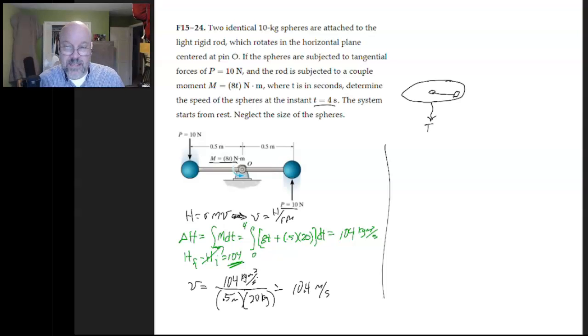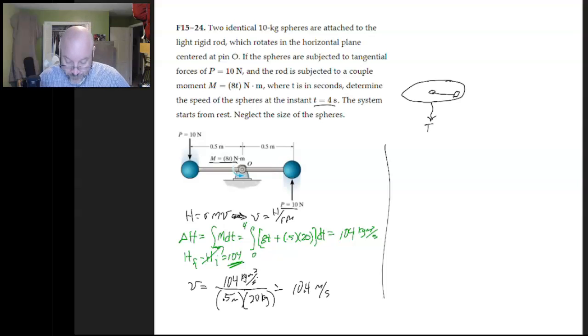We could either pull it, which would make the radius get smaller, or we could let it be a little bit lax, and it's going to have to get bigger. What we would like to know is what happens to the velocity of our mass as we either pull on that string or loosen that string.